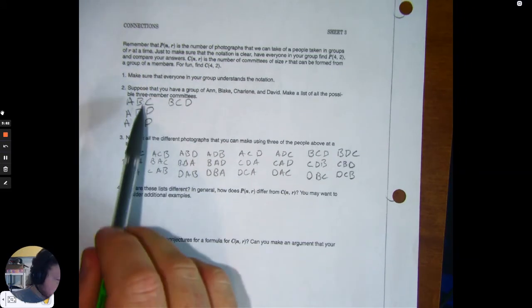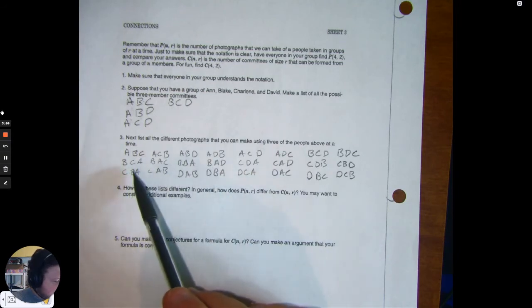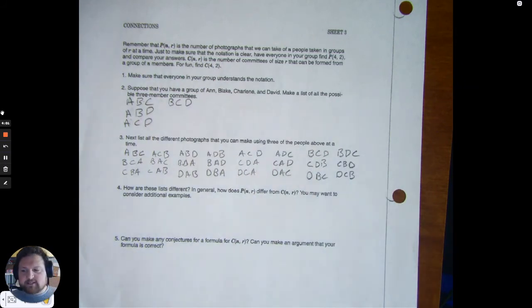I only had a total of 4 up here, but now when I come down here, I have 3 in each column times 8 columns. I have 24, right? So once that order matters, it drastically changes the total possible outcomes.